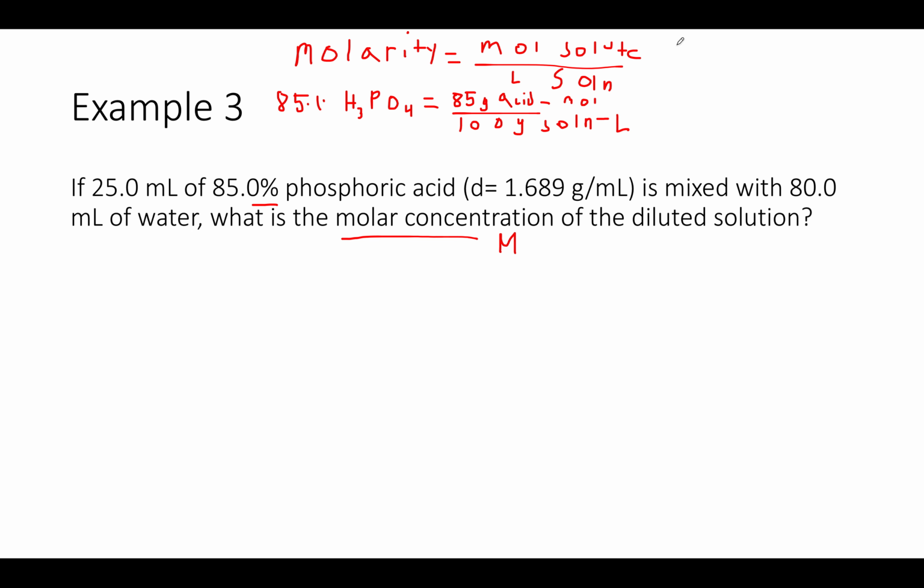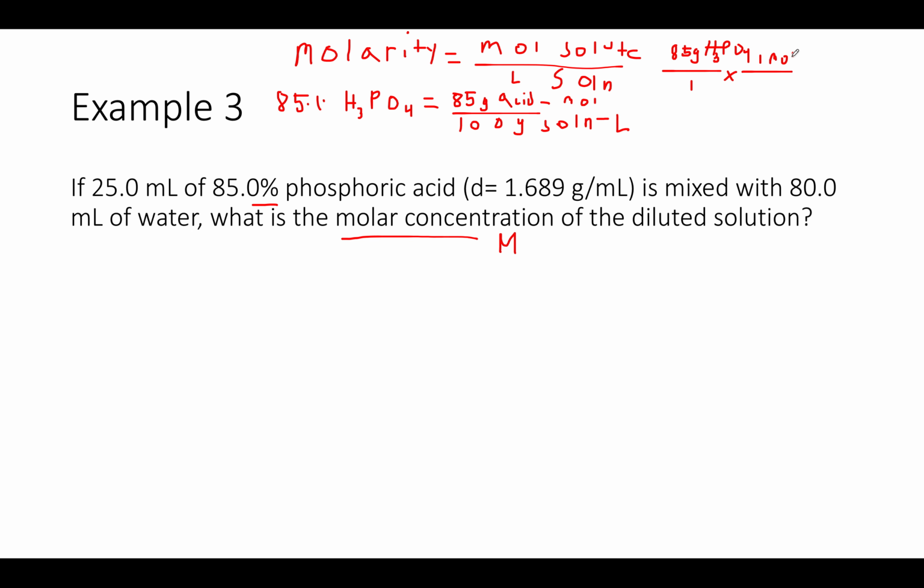So let me do the acid first. 85 grams of phosphoric acid, H3PO4. I need this in moles. So 1 mole of phosphoric acid, quick math here, hydrogen is 1.